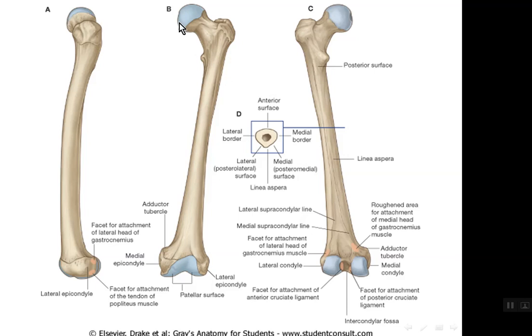First, you can see a part like a hemisphere, which is articulated by a cartilage surface, I mean the articulation surface, whose name is the head of the femur.